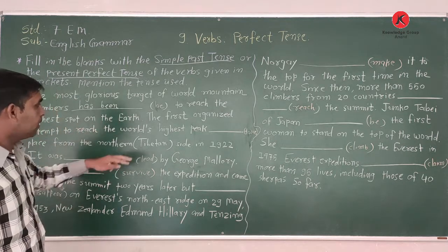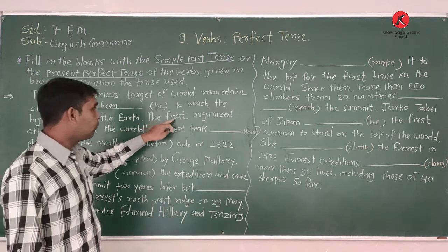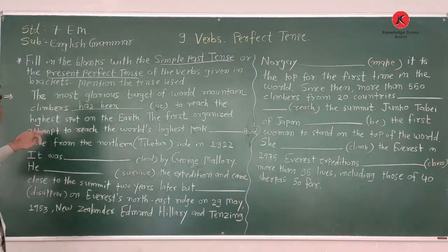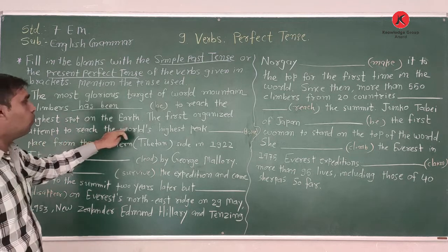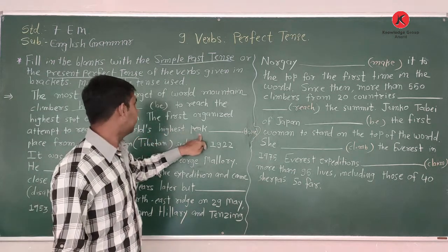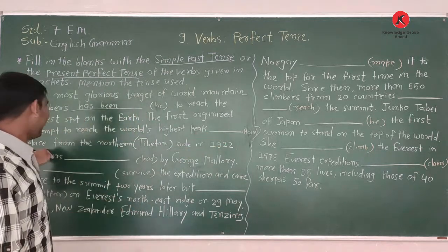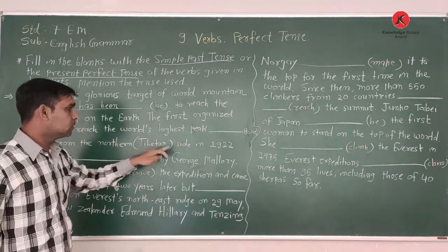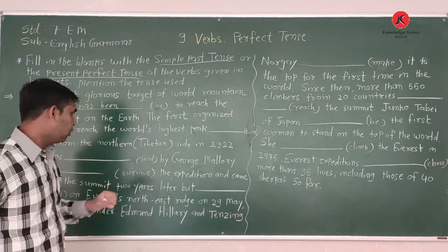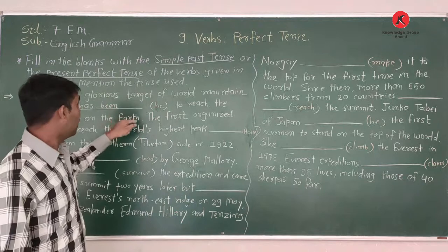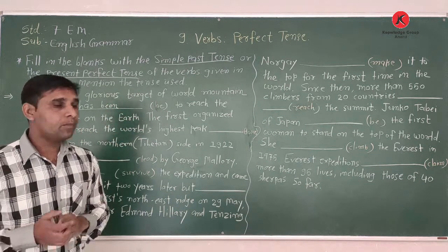Now we come to the next one. The first organized attempt to reach the world's highest peak blank place from the northern side in 1922. Here the verb given is take. But what do we do to complete the blank?